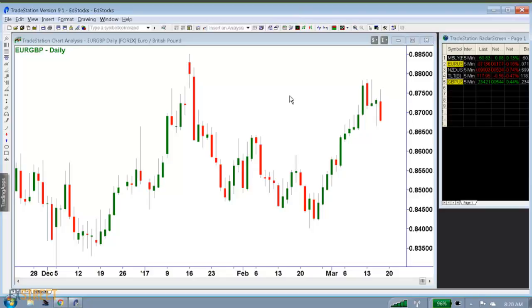What about against the British pound? Sorry about that. My microphone's straight here. What about against the British pound, against the euro? This has been an amazing currency pair. The euro's been crushing the pound here. Maybe it's the pound's turn to fight back a bit. With this short covering, it could be time to short euro pound.